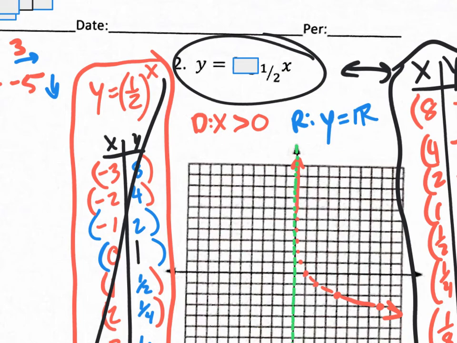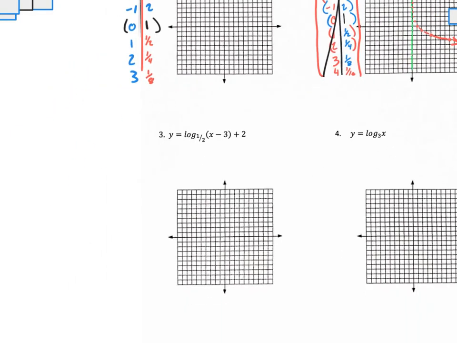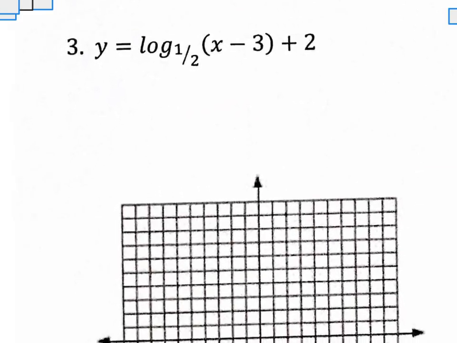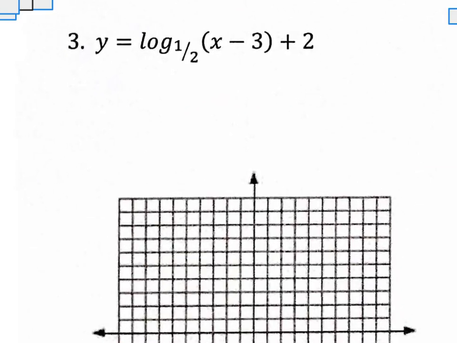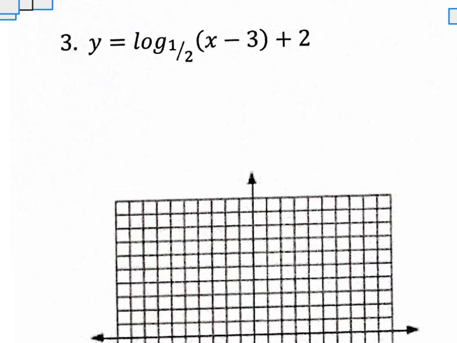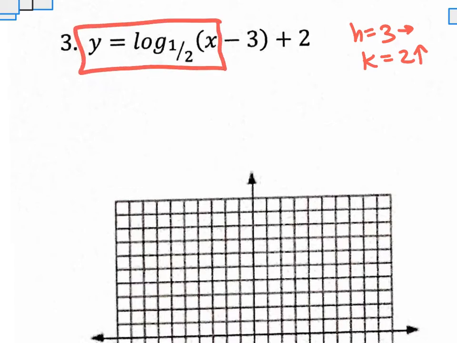Now what if you did have an h and k, like right here? What should I do then? Ignore it. Just like always, identify h and k. Okay, so your h is 3, your k is 2. That means 3 to the right and 2 up. Once you get your coordinates, ignore the h and k, box in your function and leave h and k out. Now, from here, it's hard to get your actual xy values, right? It's just really confusing to start plugging in values for x and pulling out values for y.